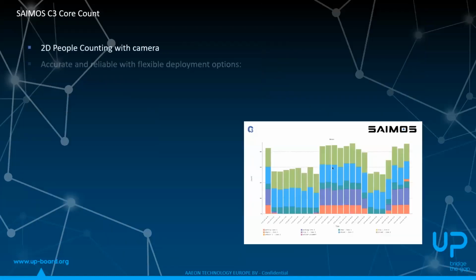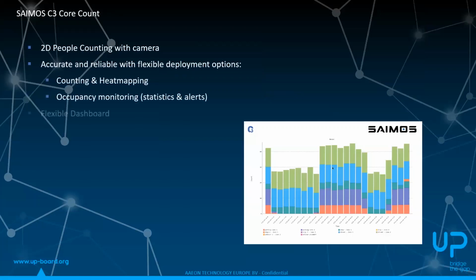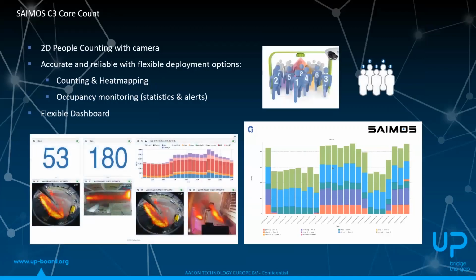The second choice you will get is Simos C3 Core Count, that basically enables you to add a full-fledged counting solution to your system. Count is one of our most flexible products, so you can do people or object counting as well as heat mapping with it, and additionally the already mentioned occupancy management.